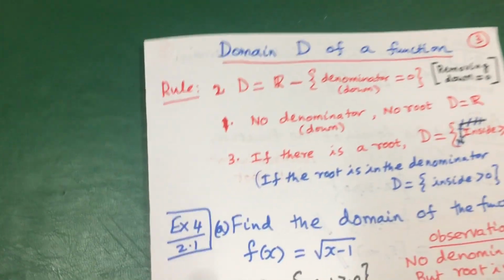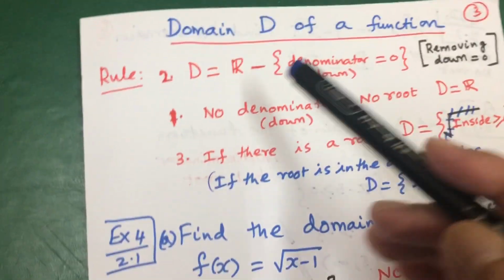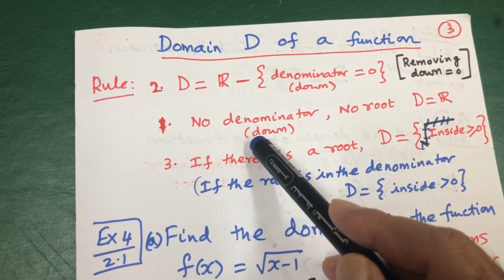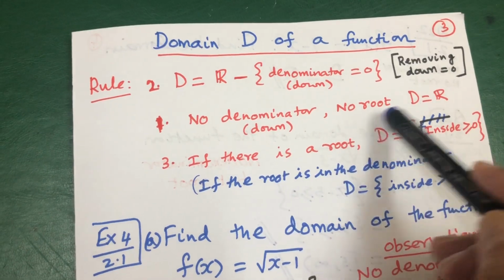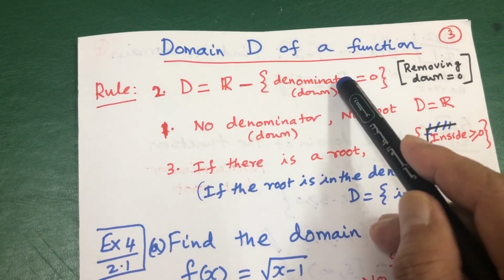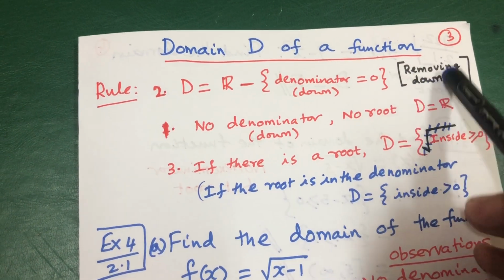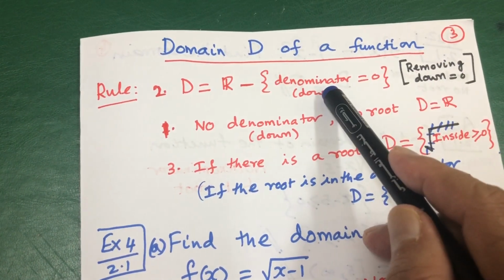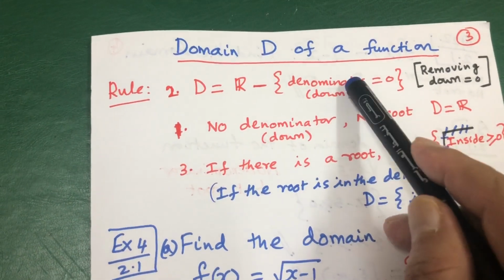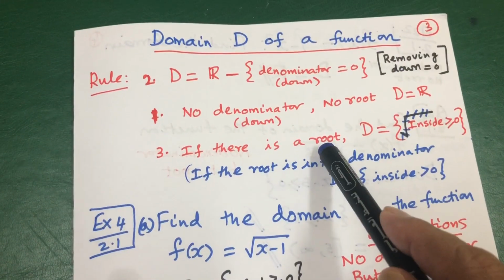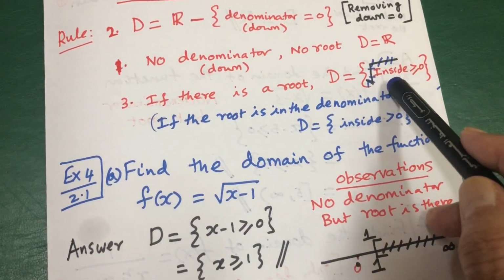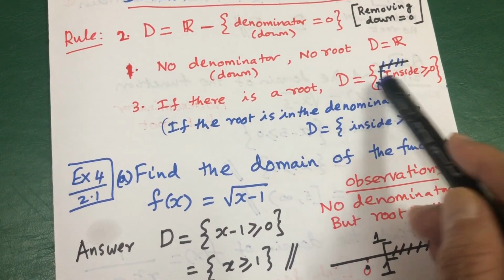So now the domain. The domain has 3 rules. If there is no denominator and no root, then the answer will be D is equal to R. If there is a denominator, make it equal to 0 and remove it, that is, R minus the denominator equal to 0. If there is a root, then the root inside must be greater than or equal to 0.